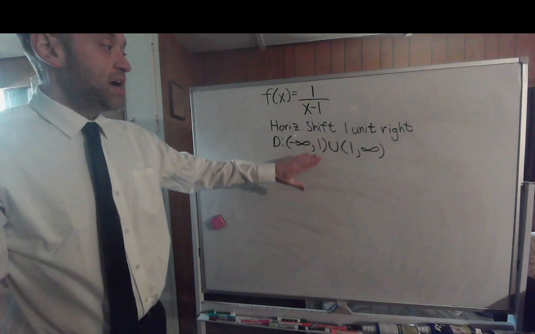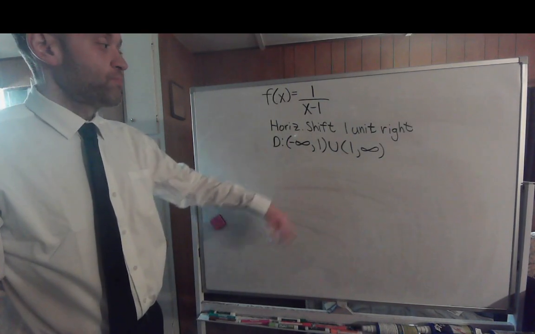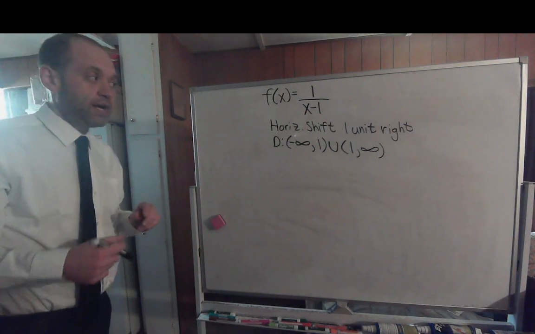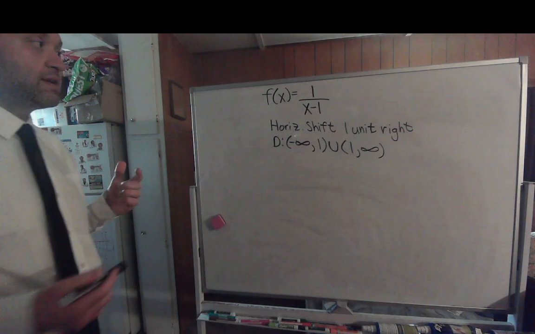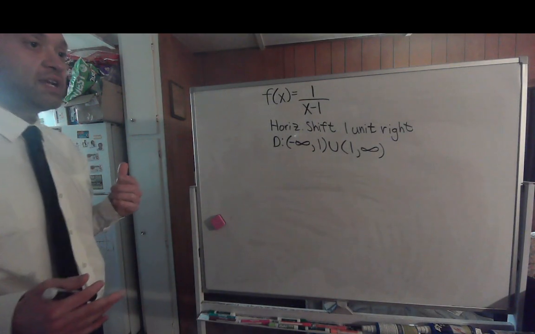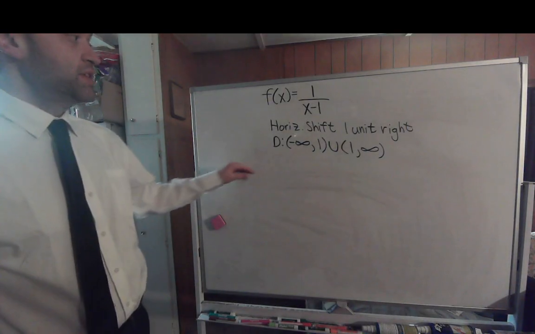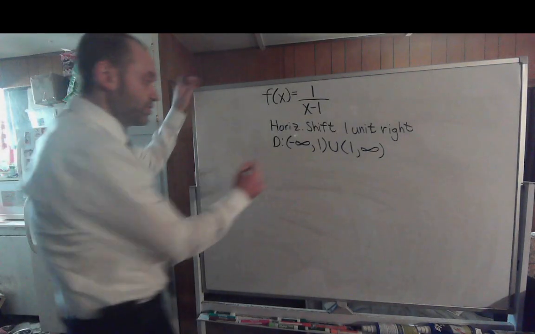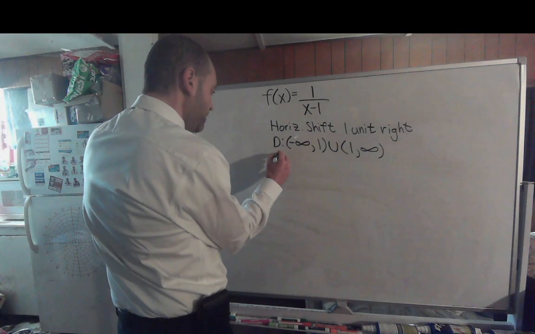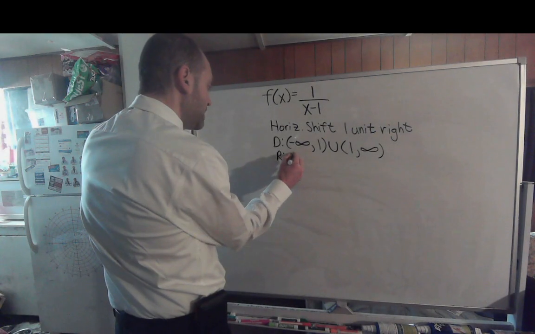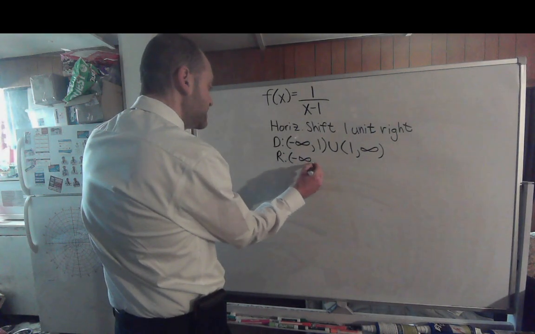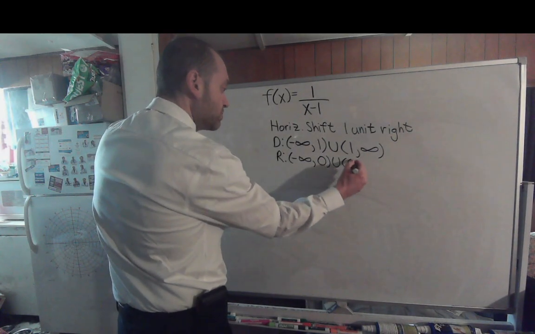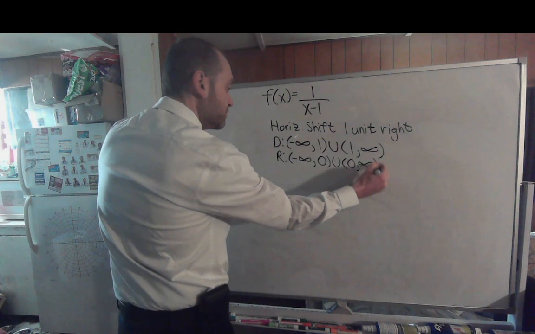So you can have any value except for x equals 1. Now your range, again, you're going to go from negative infinity to 0. This will still get infinitely closer and closer to 0 without actually reaching it. So the range is going to be from negative infinity to 0 non-inclusive in union with 0 to infinity non-inclusive.